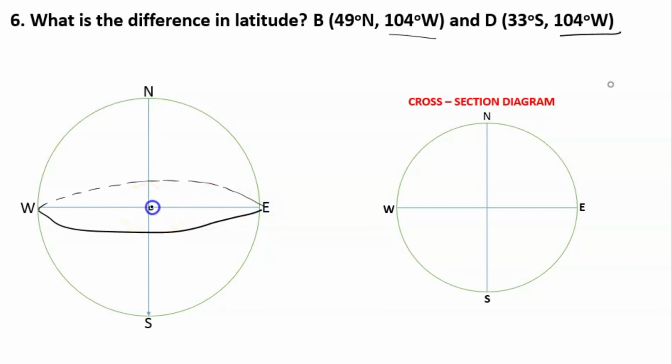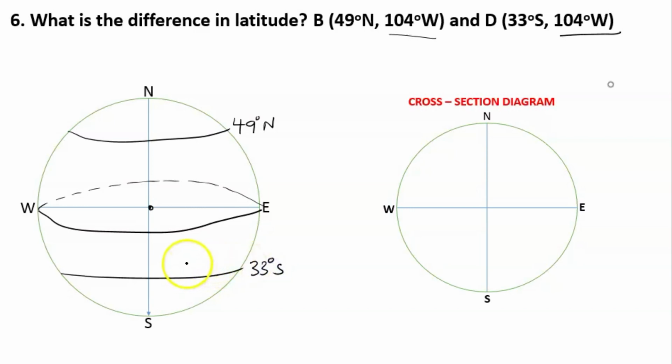So that we can locate the center. Now that the equator is drawn, what is next? I have my latitude 49 degrees to the north. So this is my 49 degrees to the north. Then I also have 33 to the south.